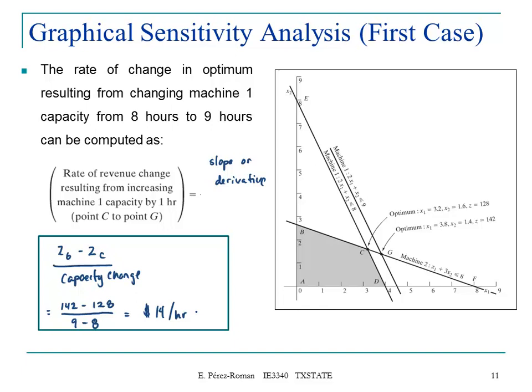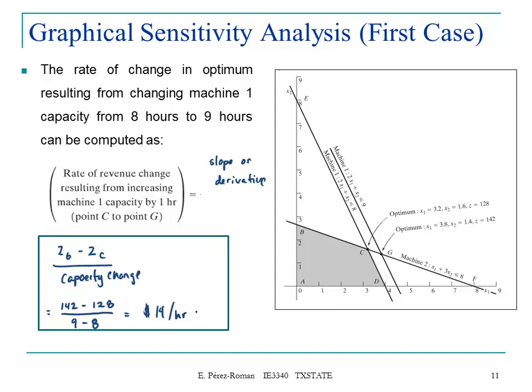And you have the difference in terms of the optimal values, so 142 and 128. So that rate of revenue change is $14 an hour. So that means that for every hour that you add for this resource, you will increase the revenue of your objective function by $14. Okay, and that's what happened here.